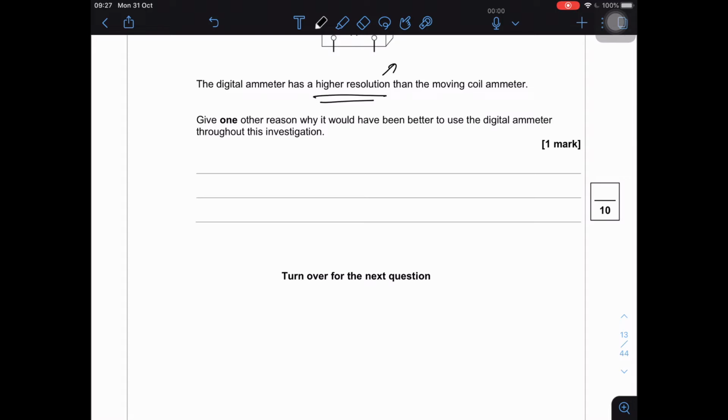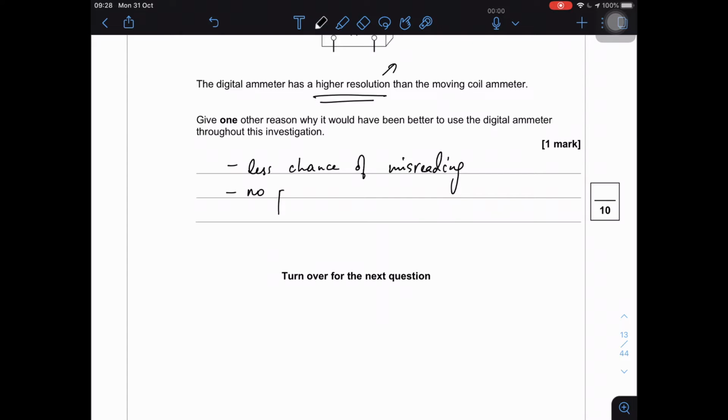There are multiple answers for this. You can say less chance of misreading. You can write no parallax error. A parallax error is when you look from the side and the value looks different.